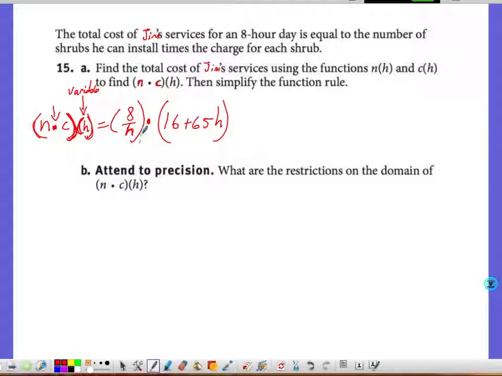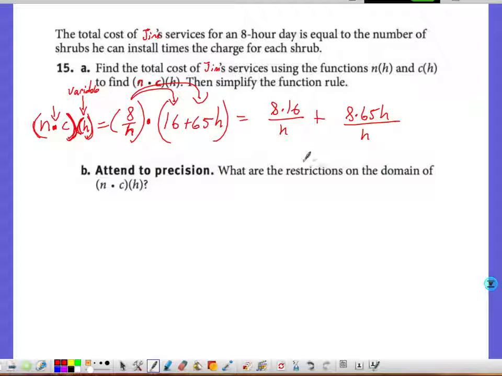Alright, now we're ready to multiply. What we want to do is distribute the 8 over h. So what this is going to be is 8 times 16 over h plus, since I have this plus here, 8 times 65h over h. And there we go.